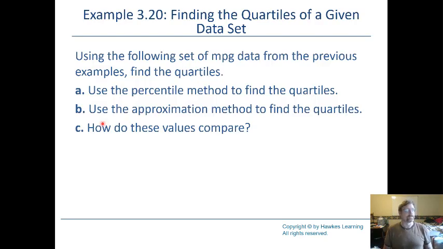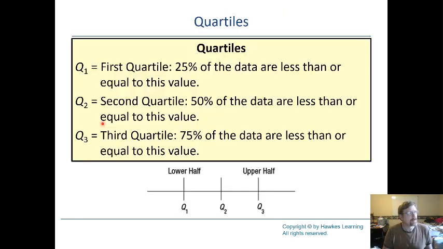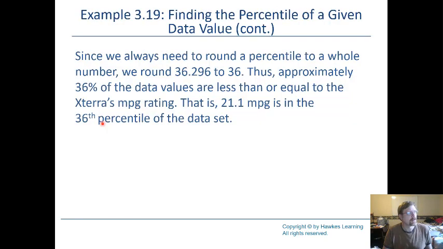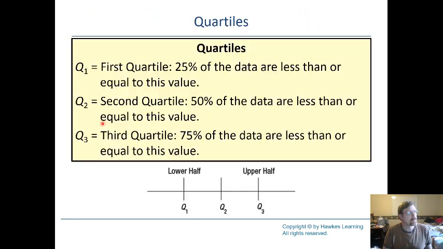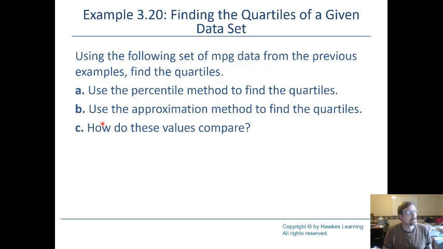Okay, so let's look at the miles per gallon data again from the last one. You could find the quartiles. Approximation method. So we could use the percentile method to find the quartiles.